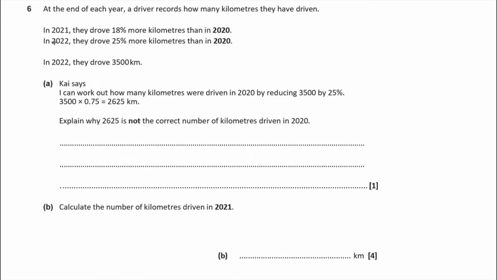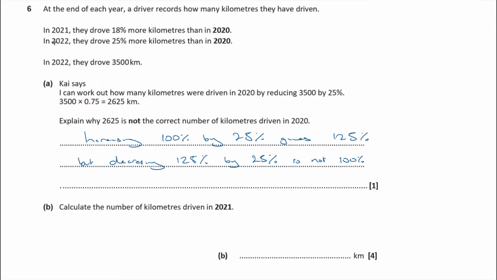Okay, now the reason for this is I'm going to say that increasing 100% by 25% gives 125%, but decreasing 125% by 25% is not 100% again. You don't get back to 100% because 25% of 125 is not 25.